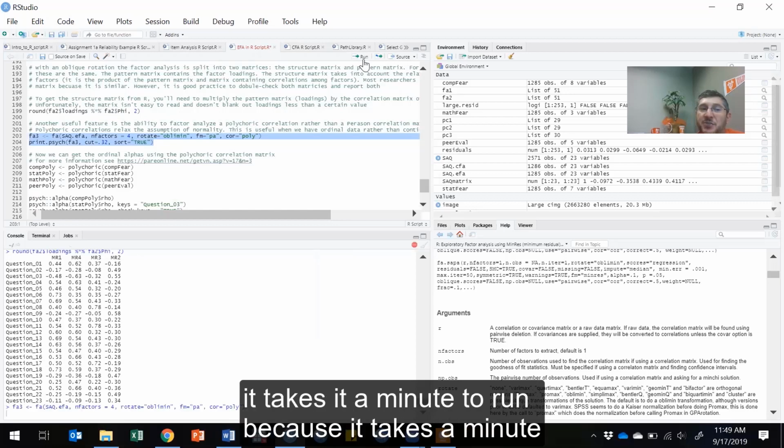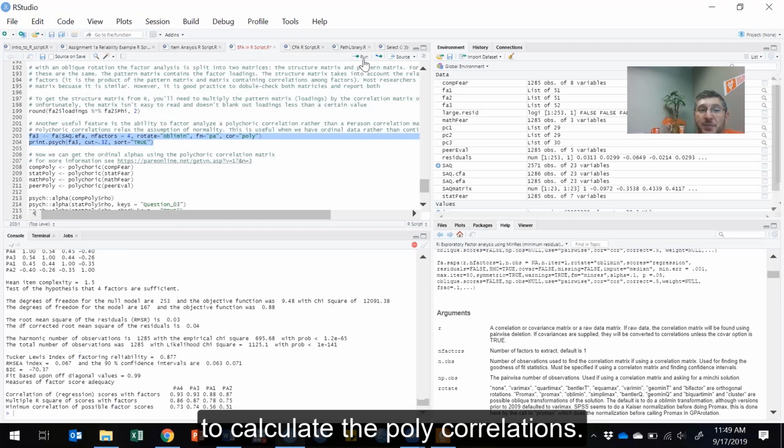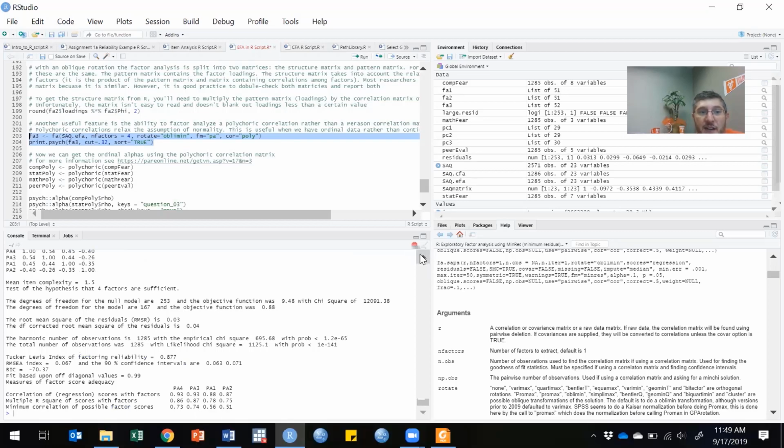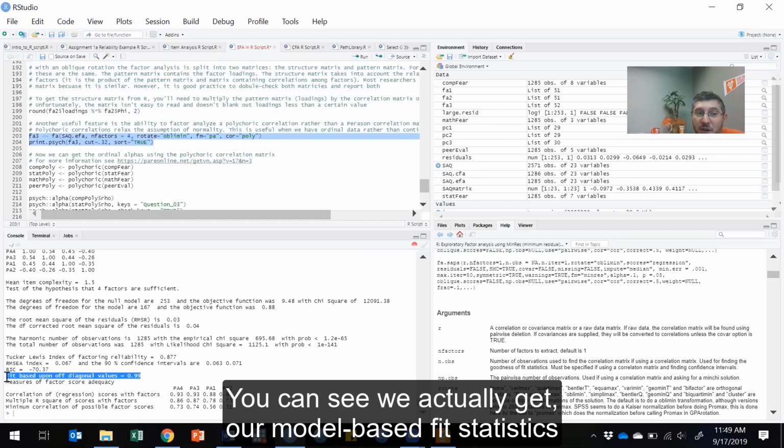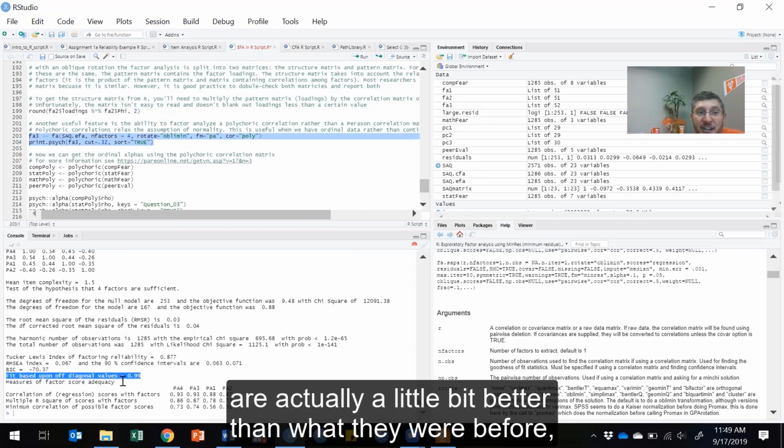It takes a minute to run because it takes a minute to calculate the polychoric correlations. You can see our model-based fit statistics are actually a little bit better than what they were before.